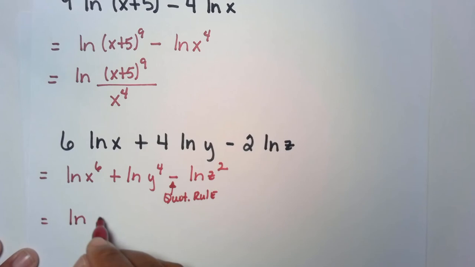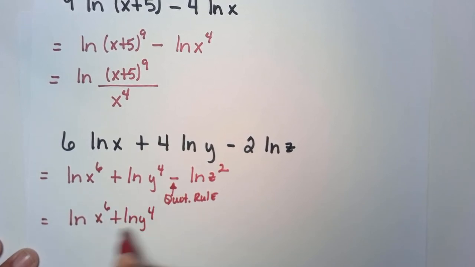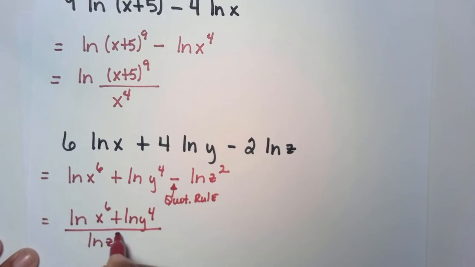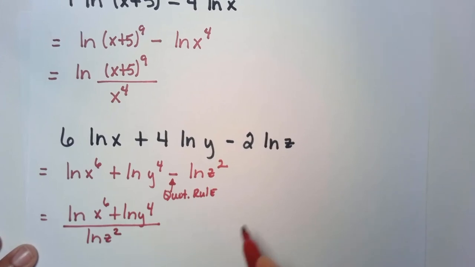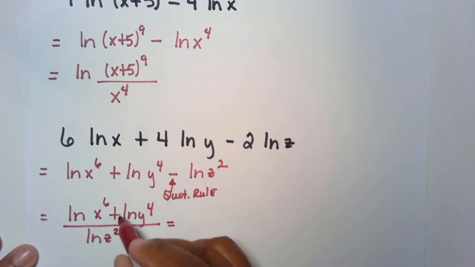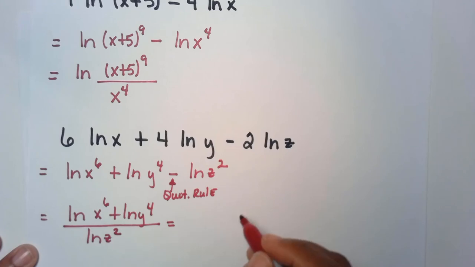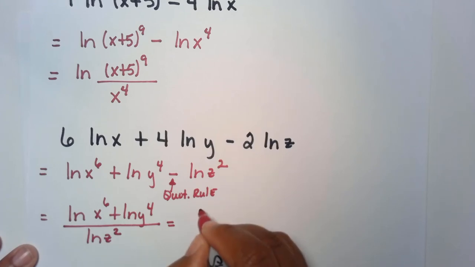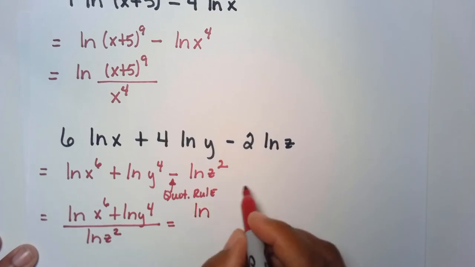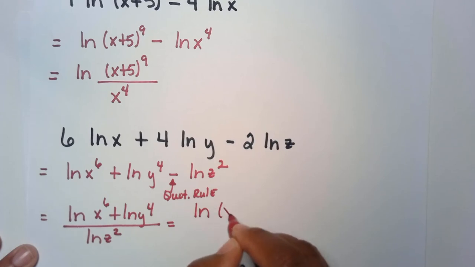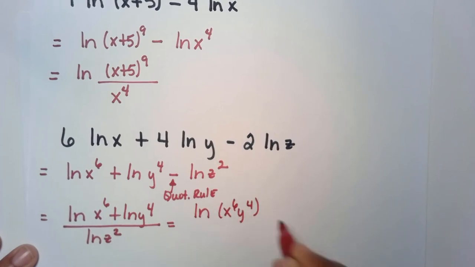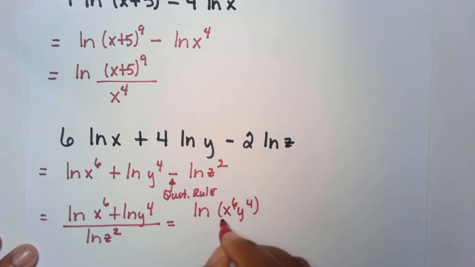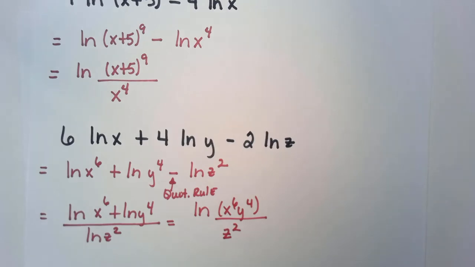Ln of x to the 6th plus ln of y to the 4th all over ln of z squared. And then we have the addition sign in the numerator. We're going to use the product rule. So we have here ln of x to the 6th, y to the 4th, all over z squared. And there we go.